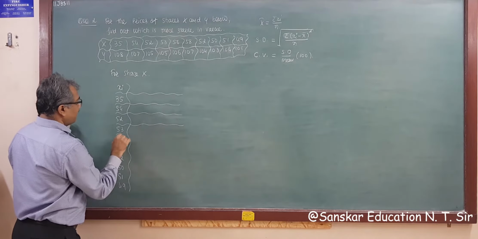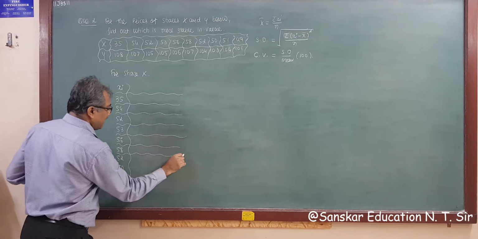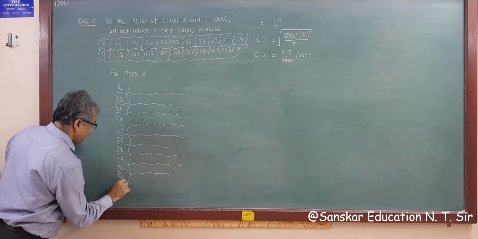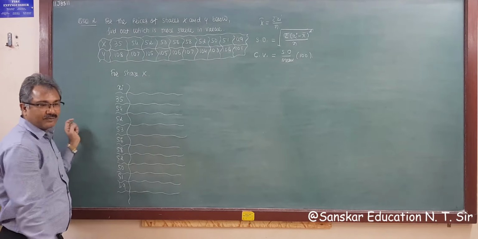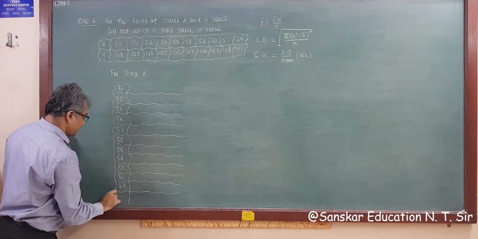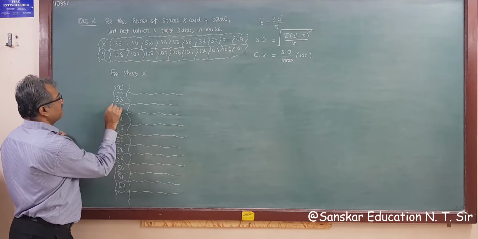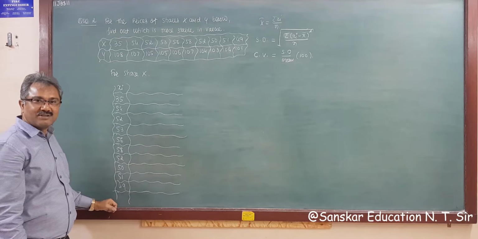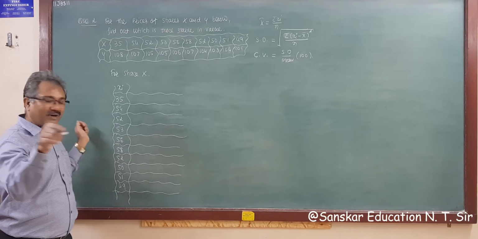Now what we require is the sum of all these observations, that is sigma xi. You can start yourself and tell me, what is the answer of sigma xi? Sum of these. Got it? Yes, 510.